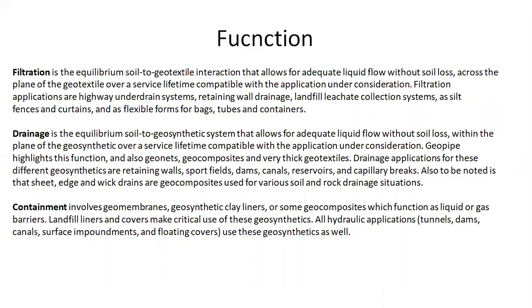And the uses for drainage. Drainage is an equilibrium soil-to-geosynthetic system that allows adequate liquid flow without soil loss within the plane of the geosynthetic over a service lifetime compatible with the application under consideration.